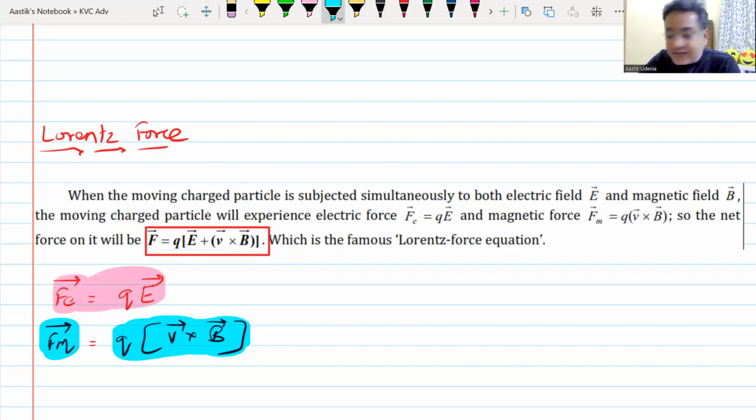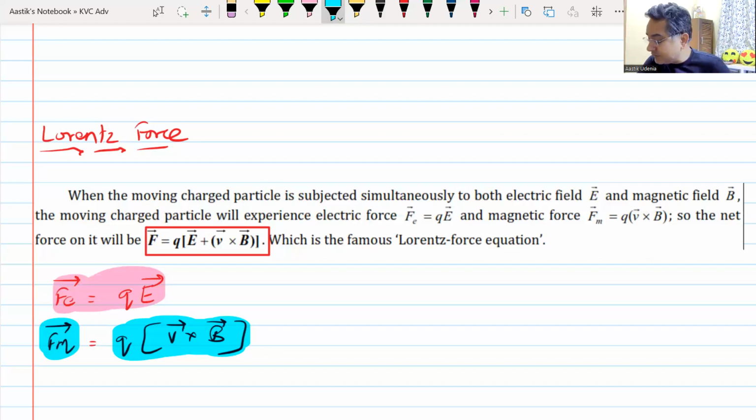Now, the first case that we are going to do is the case when all three quantities are parallel to each other.